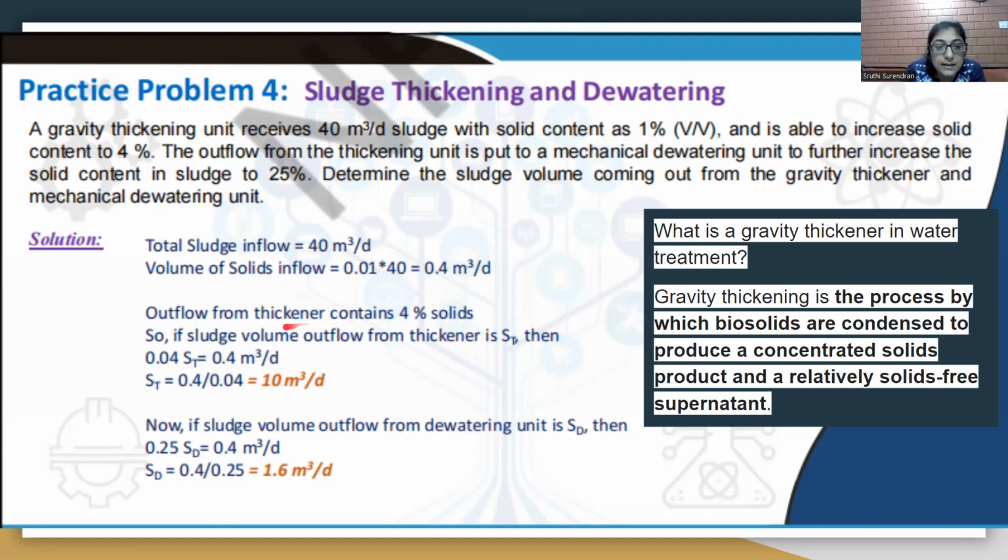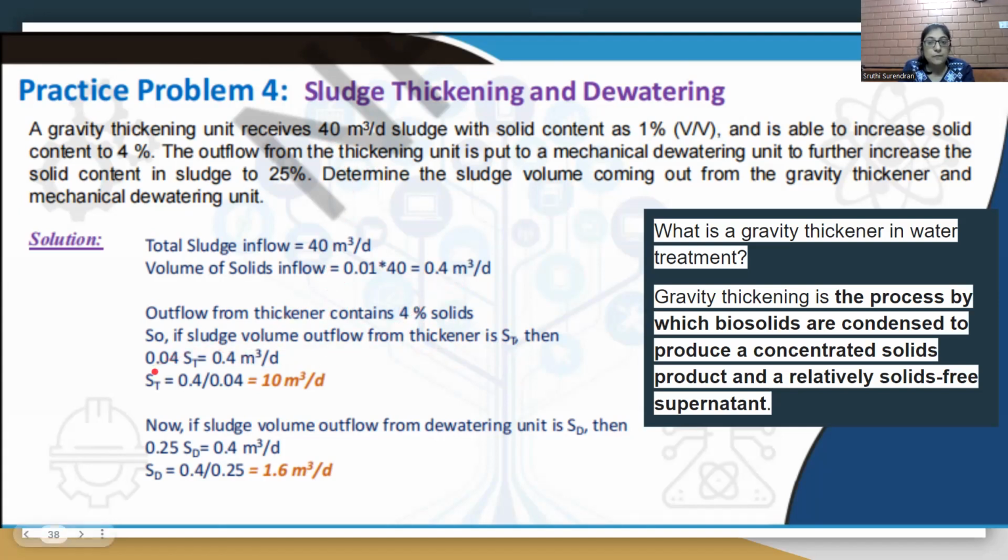That is obtained by multiplying this solid content percentage. Now, same here, in the outflow from the thickener, they said the solid content is 4%. If you consider the sludge volume outflow as a variable ST, then 0.04, that is 4%, into that outflow is going to be 0.4 meter cube per day. We have already calculated that the volume of solids when the inflow gets into this gravity thickener is 0.4 meter cube per day.